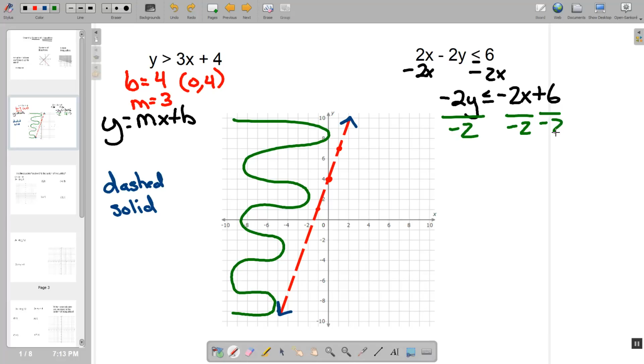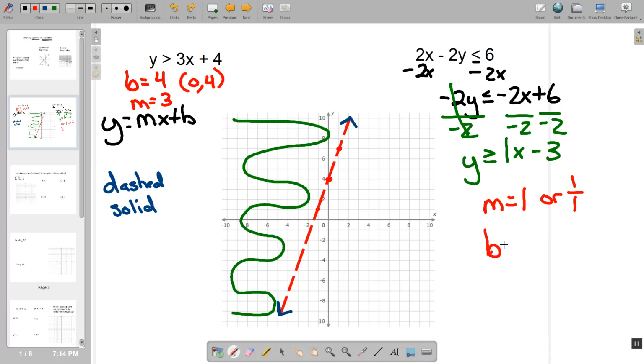And I would say if there's a step that you've forgotten up to this point, because we divided by a negative 2, that means we need to flip the sign, and I get y is greater than or equal to positive 1x minus 3. From here, we can do our slope and y-intercept. Our slope is 1, or 1 over 1.